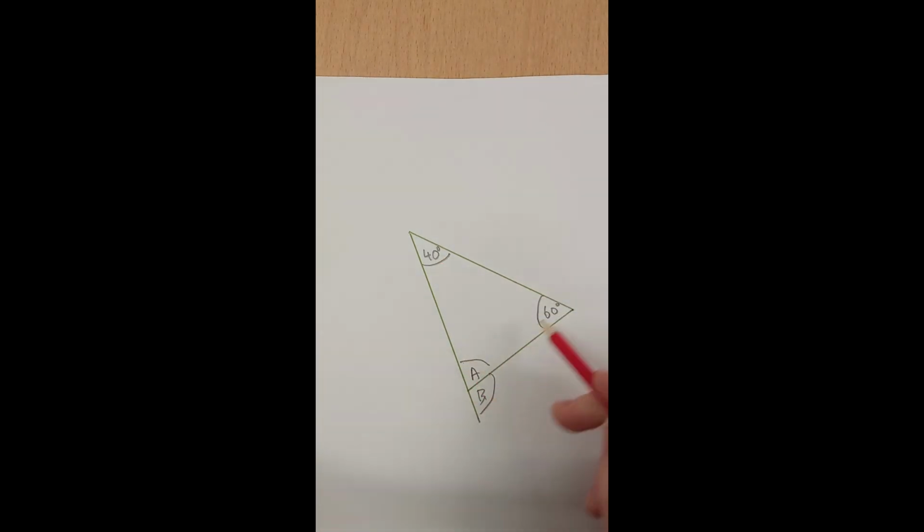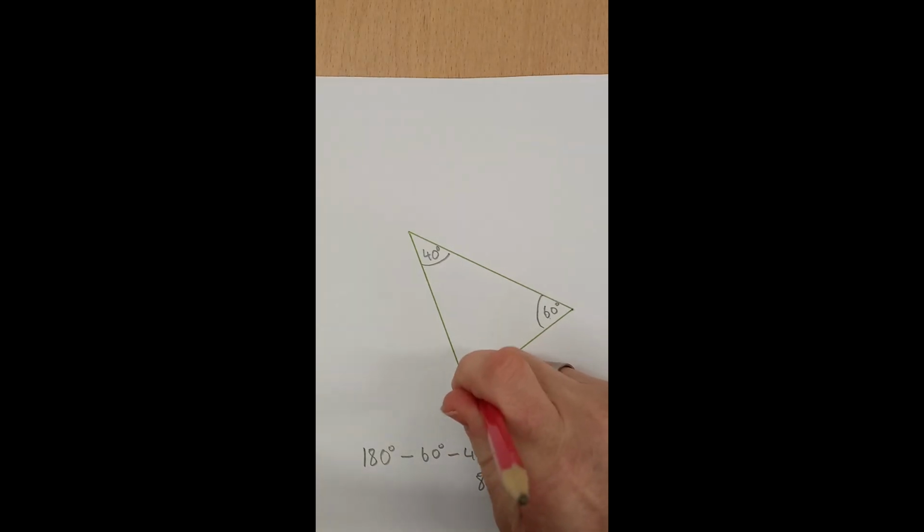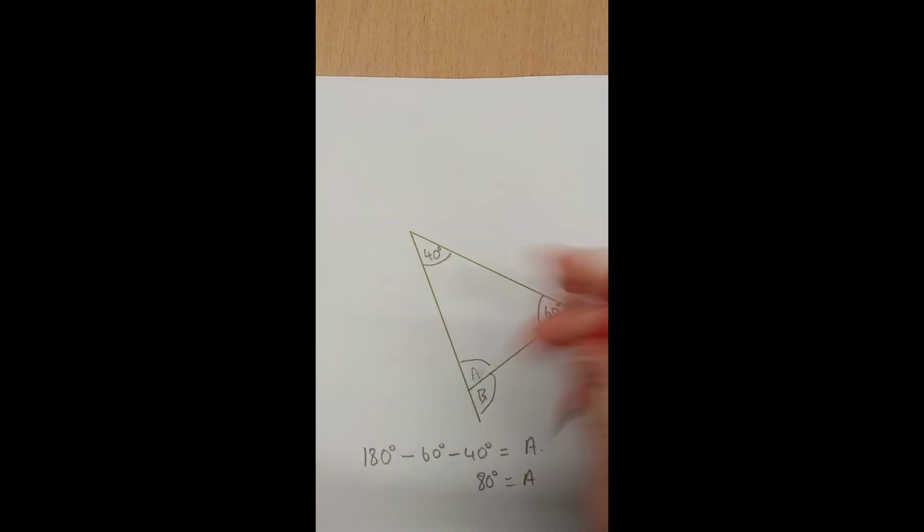So these three angles must be 180. So that means that when I take the two I know away from 180, I should get the one I don't know. So 180 take away 60, take away 40 gives me 80. So A is 80.